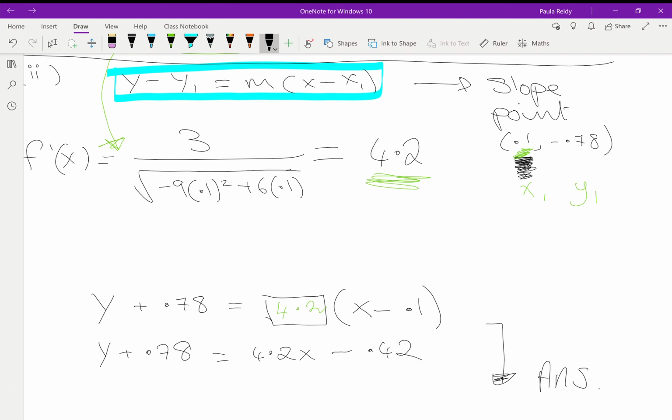Okay, and then you could bring everything to the same side, or you could do y is equal to mx plus c format. So that's 4.2x.